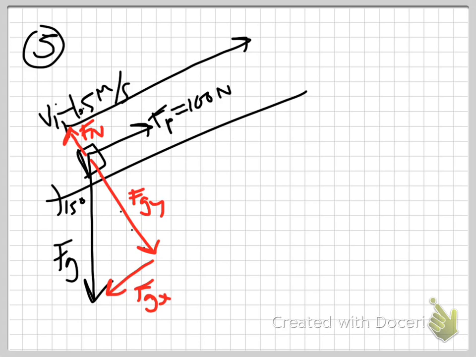We are given a coefficient of friction. We know that there is some frictional force, and it would be kinetic, of course. And the crate moves a distance of 7.5 meters. So, find the work done by Earth's gravity on the crate.